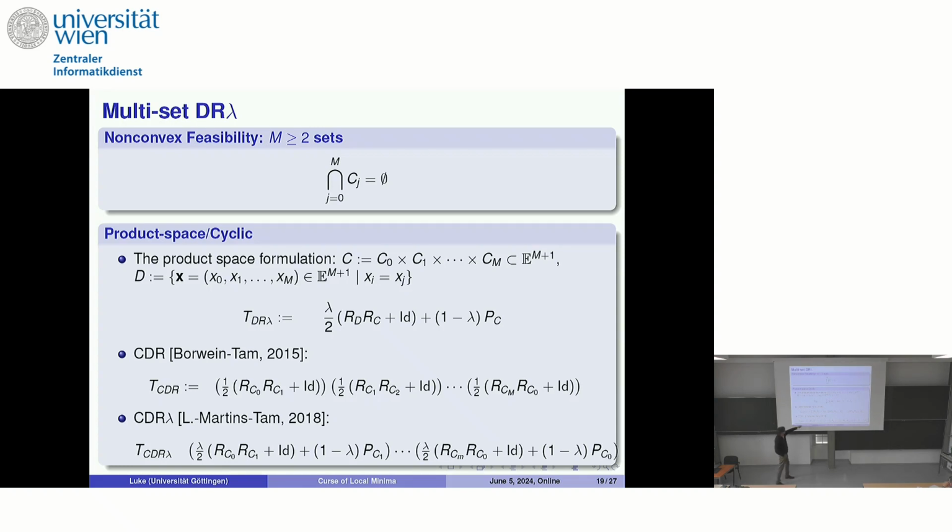Matthew Tam, Anna Martins and I in 2018 looked at just replacing this with the relaxed Douglas-Rachford algorithm. The cool thing here is that if lambda goes to 0, then the cyclic version of the relaxed Douglas-Rachford collapses to cyclic projections. So you can view this as a convex relaxation between cyclic projections and cyclic Douglas-Rachford.